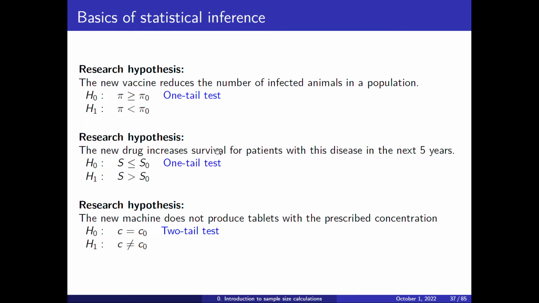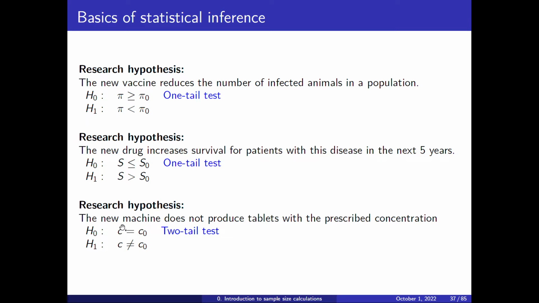A one-tail test is one in which the alternative uses one of these smaller than or larger than signs. So in some distribution that we will see later, you only have to look at one of the sides of the distribution.